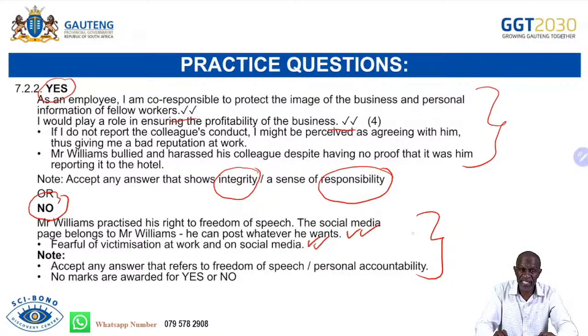I hope I've made this clear, grade 12 learners. A no should have negative reasons, and a yes should be aligned to positive reasons, or should match the yes that you have given, or the reasons should match a no. So be careful when you are answering a yes or no question with substantiation, where you have to motivate.